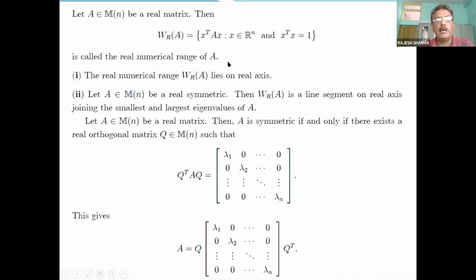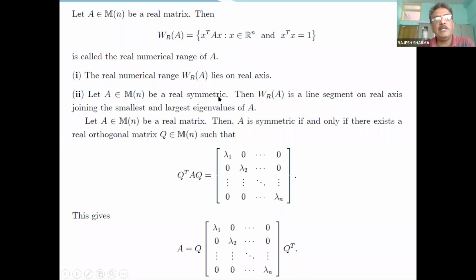This is called the real numerical range of A. A itself is a real matrix, that is all the entries are real. Since all the entries are real, x is also a real vector. So the numerical range lies on the real axis.